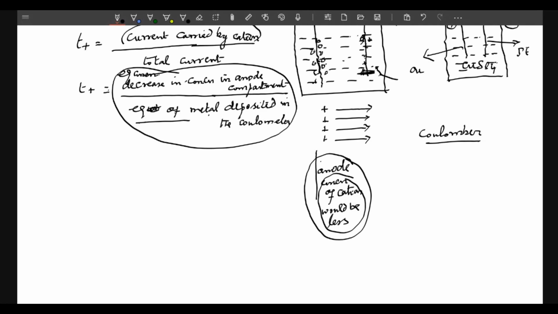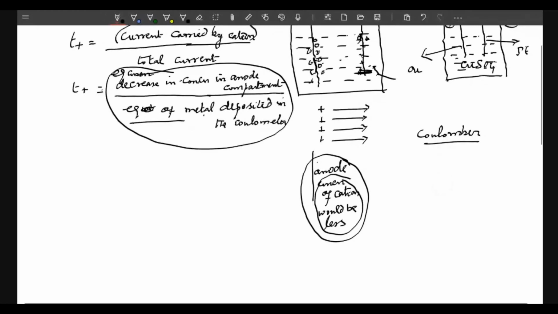Now we are going to see another equation for T plus when an active electrode is used, like copper sulfate with copper electrodes. For this, if you find the decrease in the concentration during this electrolysis from the original concentration, there is definitely a decrease in the concentration of the copper sulfate.